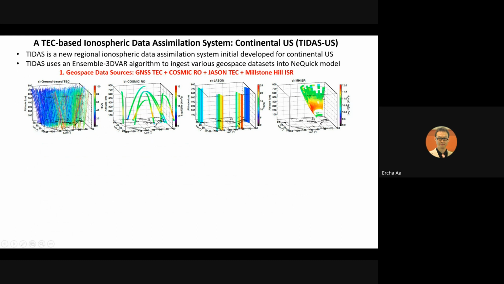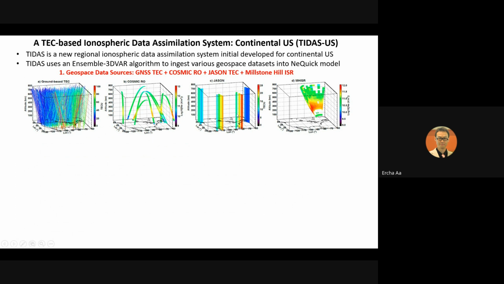These are the data sets that we use to do the data simulation. So we have the line-of-sight slant TEC. Each line here represents a ray between the receiver and the satellite. The color represents the TEC unit. And we also use the COSMIC radio occultation electron density profiles.